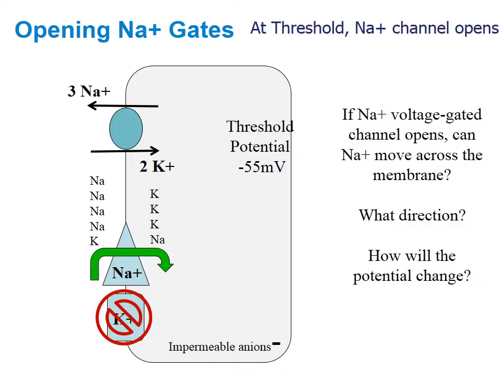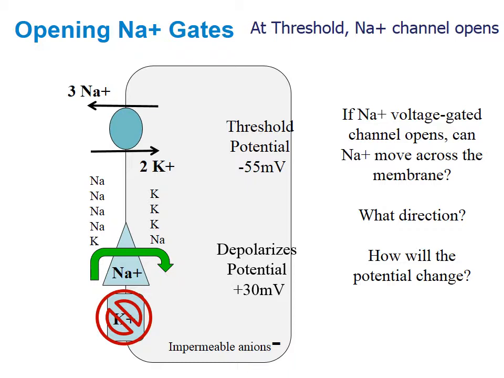As we are adding tons of positive sodium into the cell, our membrane voltage changes again and rises to plus 30 millivolts. This is an 80 millivolt change, a massive change for a cell.